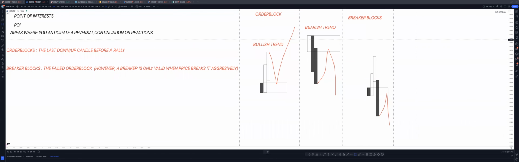Now let's use the bullish one. In this case, we have this order block right here, and we have a bearish candle right here.